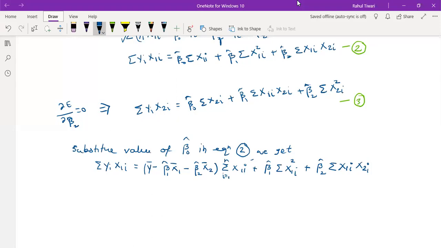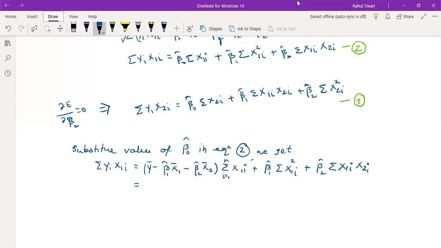If you just simplify the expressions, take all the betas together and take the terms without beta together.